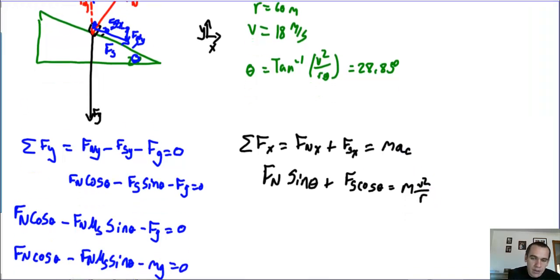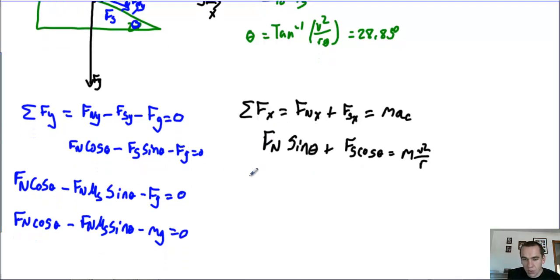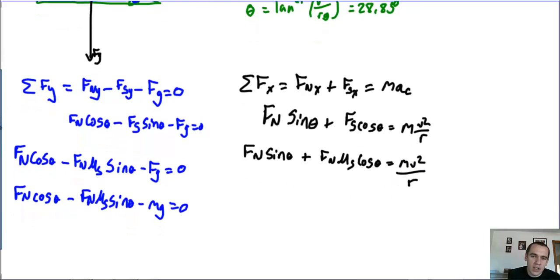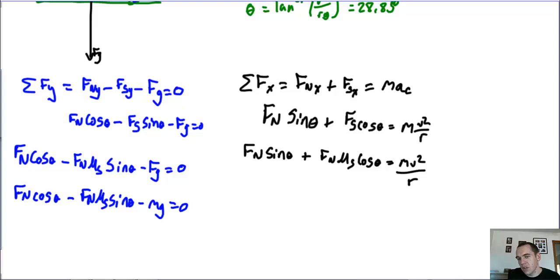And again, I have this relationship with Fs and the normal force, so I can simplify this again. Fn sine theta plus Fn mu s cosine theta equals mv squared over r.